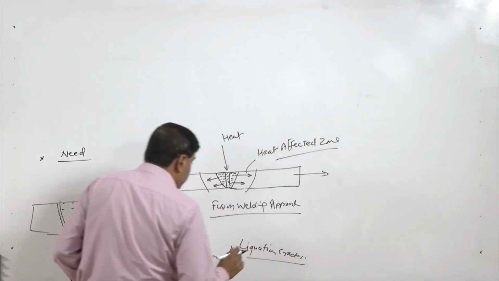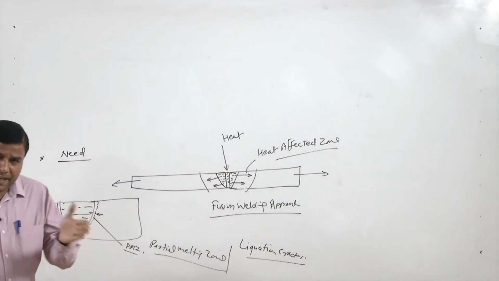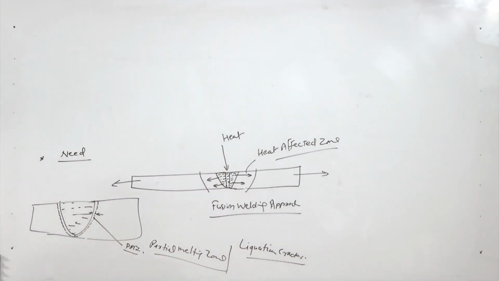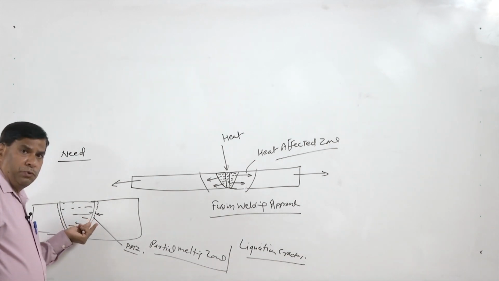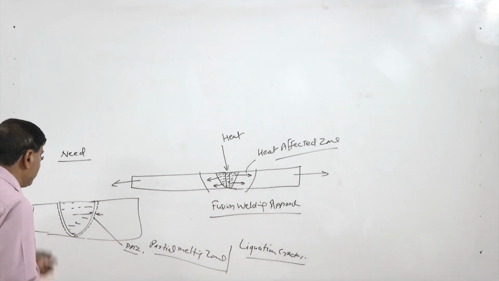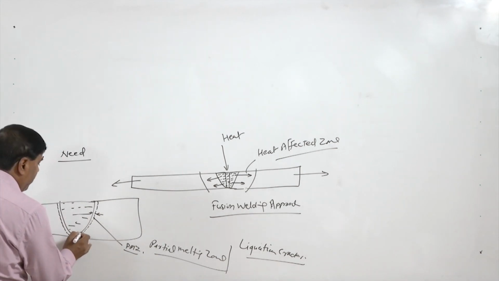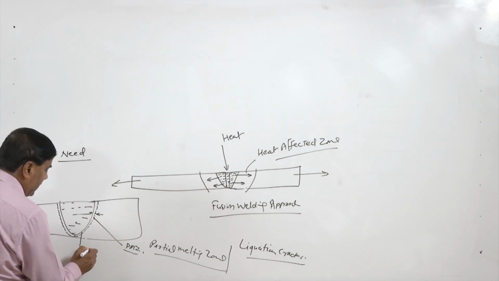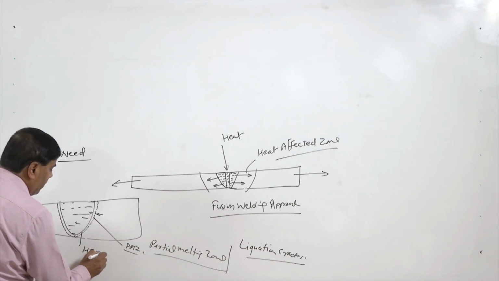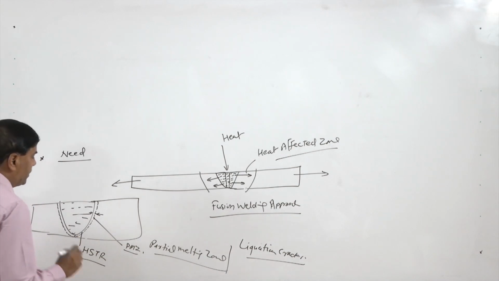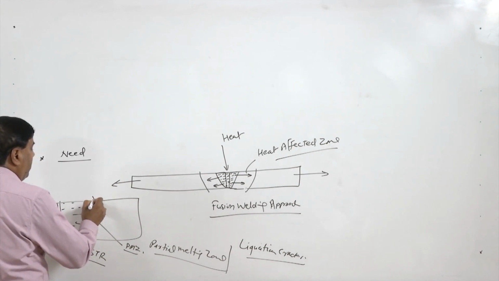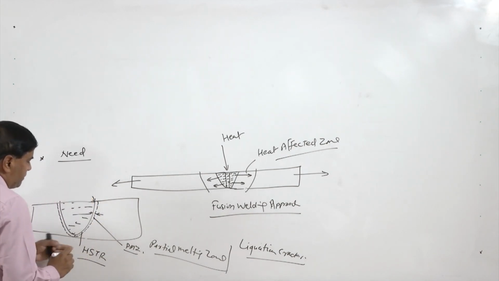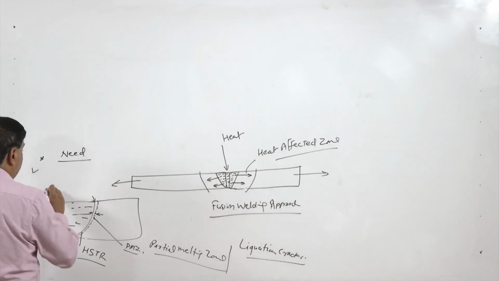Liquefaction cracks are formed next to the fusion boundary due to the typical nature of the formation of the two phase zone, which is solid and liquid, and this is mostly formed in the case of high solidification temperature range metals.